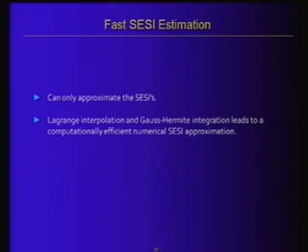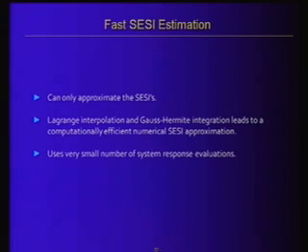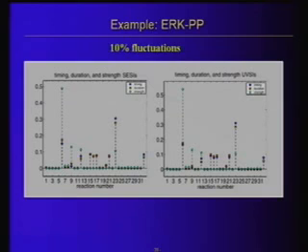The resulting approximation can approximate the sigma parameters very well, but not the tau parameters. It uses Lagrange interpolation together with Gauss-Hermite integration, and eventually leads to a very efficient numerical technique for approximating the sigma values. And this is the result.